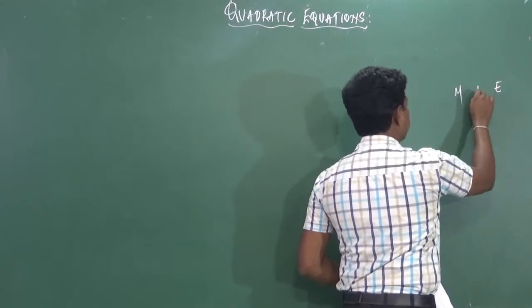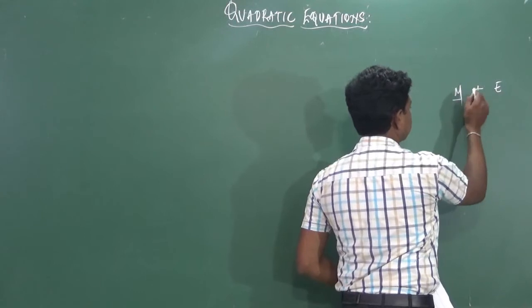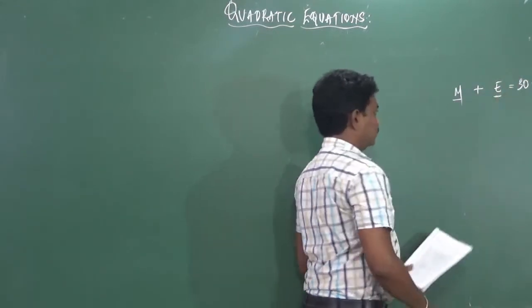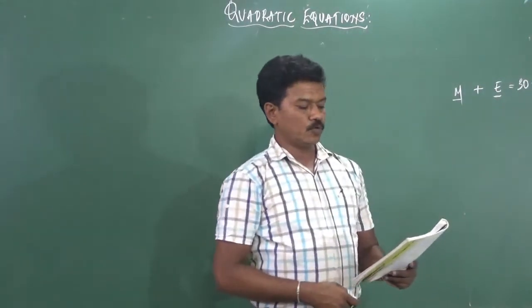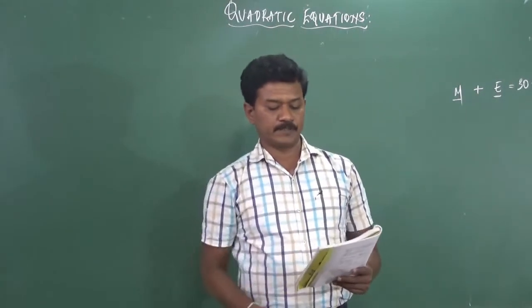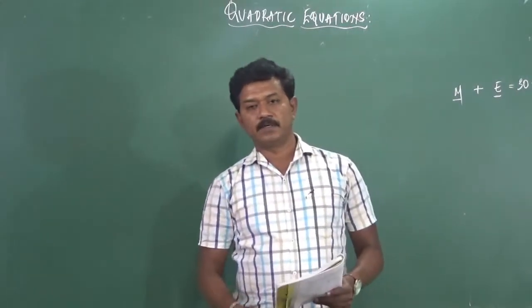When you add the marks scored in maths plus English, that is equal to 30. Had she got 2 more marks in mathematics and 3 marks less in English, the product of their marks would have been 210.